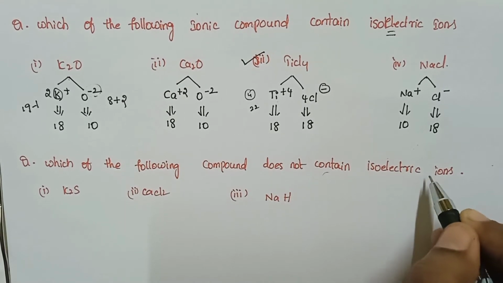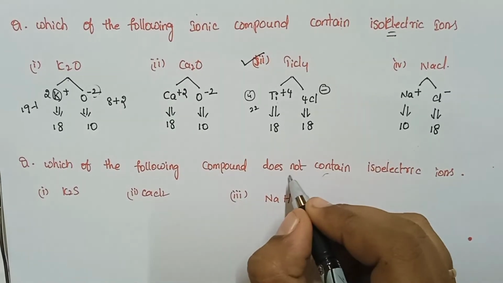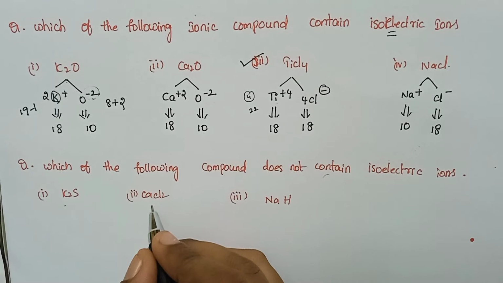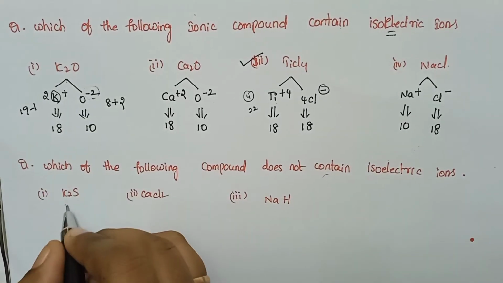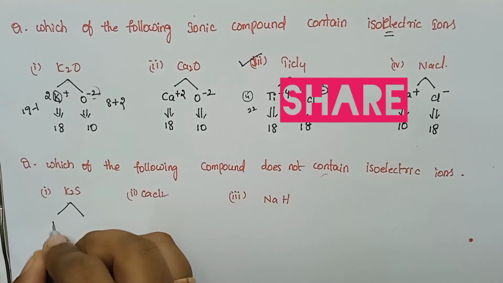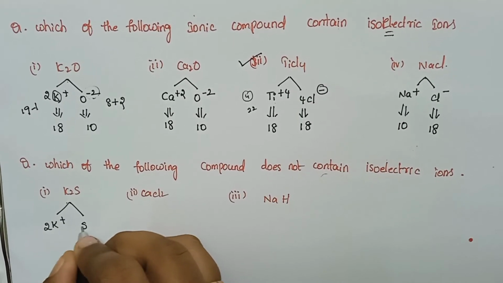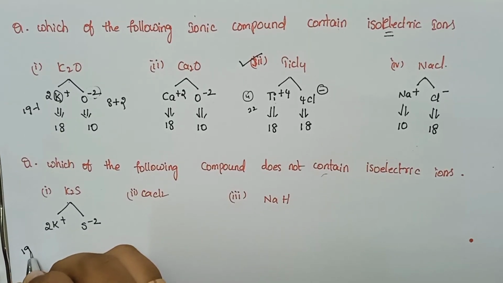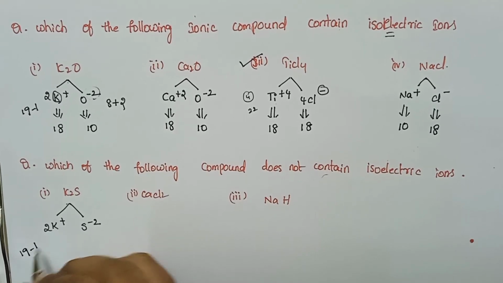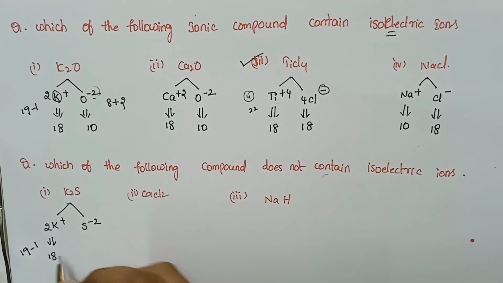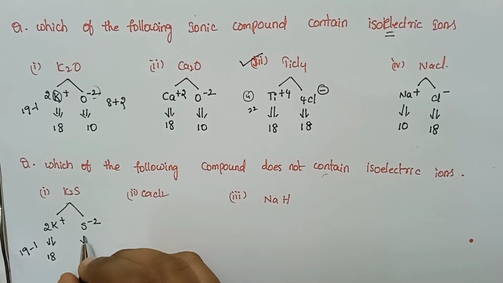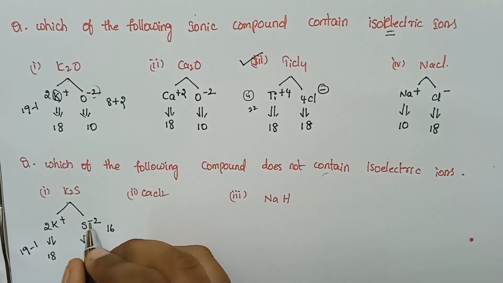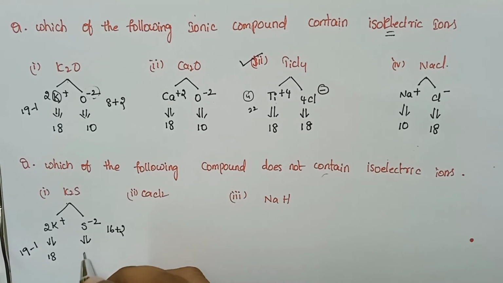The next example: which of the following compounds does not contain isoelectronic ions? The options: K2S, CaCl2, NaH. The same process, it forms 2K plus and S 2 minus. Potassium atomic number 19, plus 1 means removal of 1 electron, 18. Sulfur atomic number 16, minus 2 means adding 2 electrons, 18.